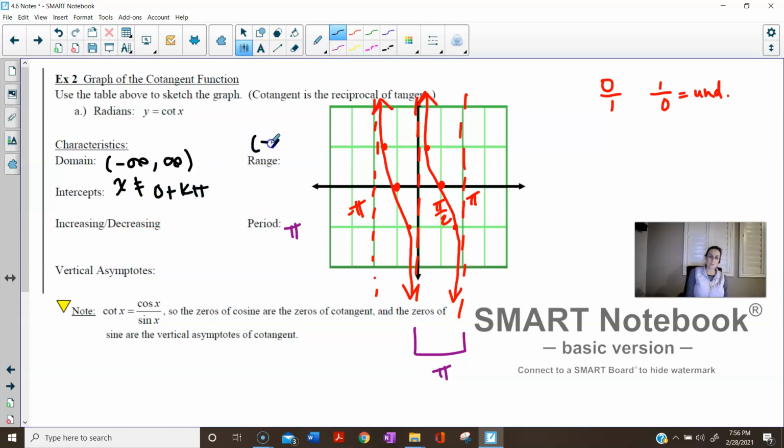The range is going to go negative infinity to infinity. This graph is always decreasing, and it has vertical asymptotes at x equals 0 plus k pi. Now where the cosine is equal to 0, this graph is at 0. And where the sine is equal to 0, because sine is in the denominator, you're going to get undefined. So where the sine graph is 0, it's undefined in the cotangent.